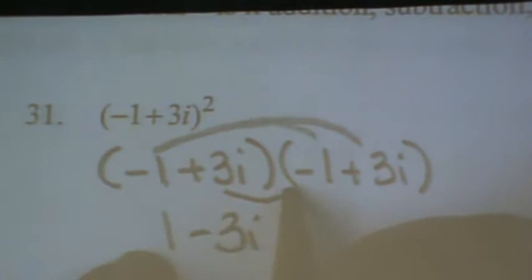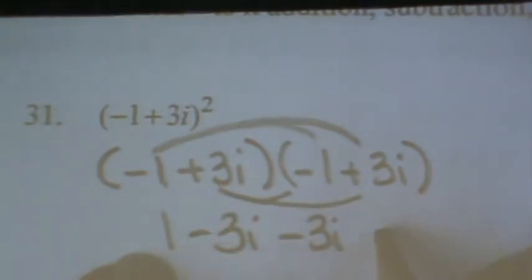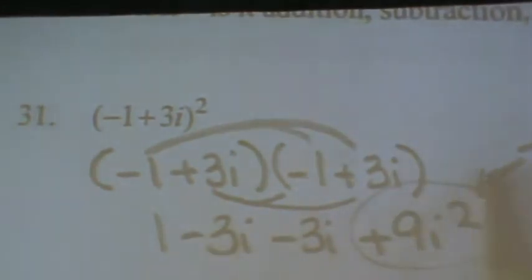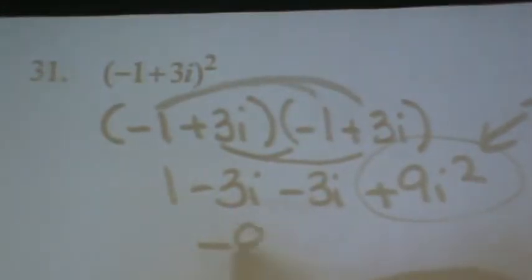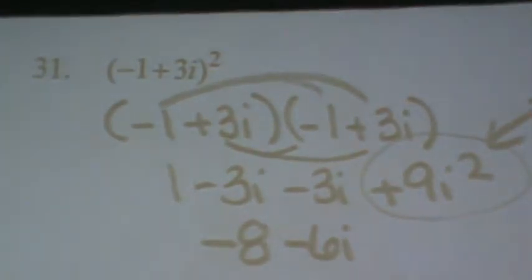Negative 1 times 3i is negative 3i, and then this, another negative 3i. And what's 3i times 3i? 9i squared. What is 9i squared? Negative 9. So what's 1 minus 9? Negative 8 minus 6i. Are you guys good? Everyone okay?